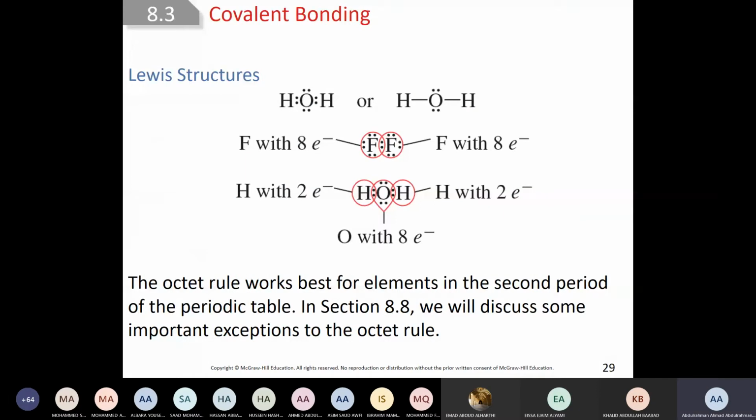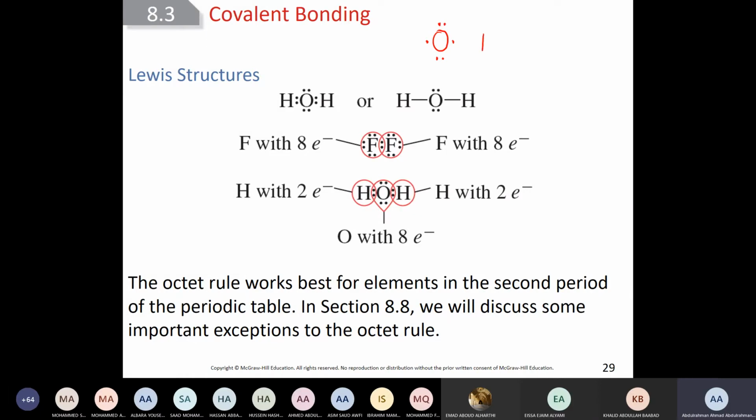Now, water. We know oxygen has how many electrons? What's the dot symbol for oxygen? 6: 1, 2, 3, 4, 5, and 6. How many electrons does it need to make 8 around it? 2 more.